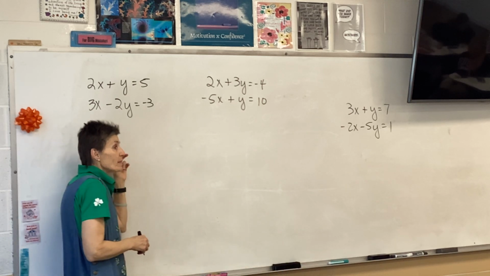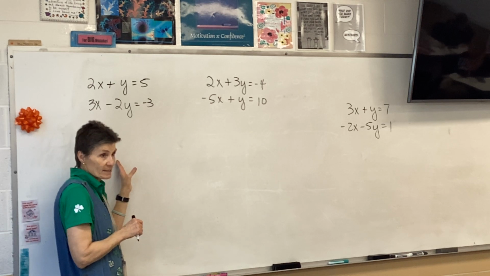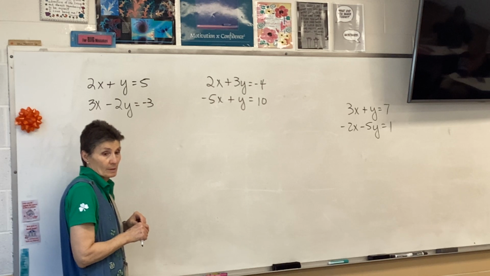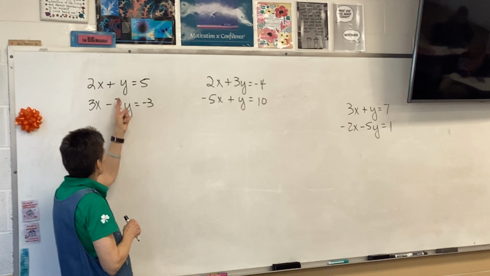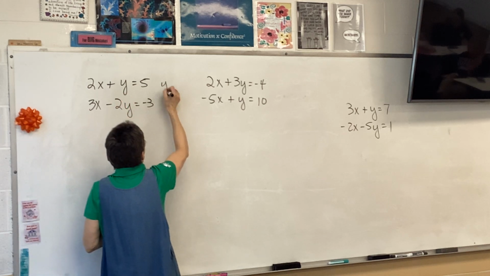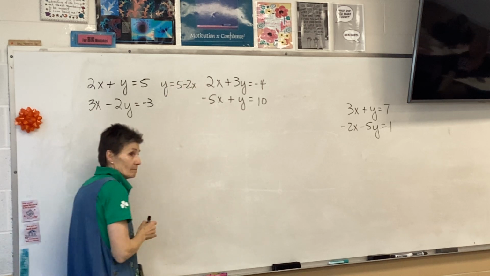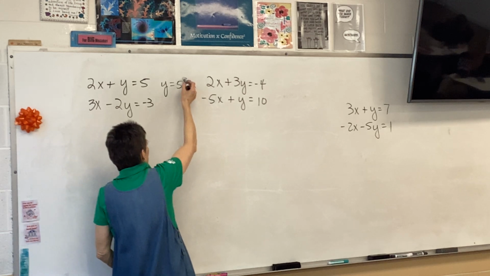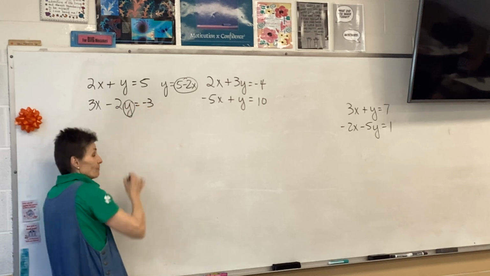So what are we going to do if we have to solve this system with substitution? Get a variable by itself. And looking at our selection, I would say that one. So y equals 5 minus 2x. Then we'll take that 5 minus 2x and plug it in for the y.